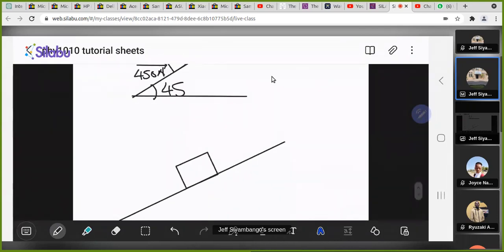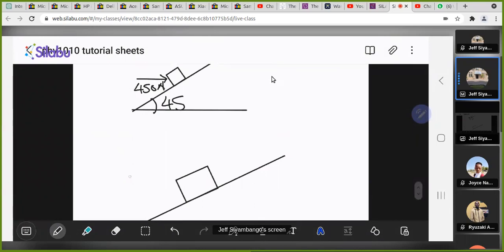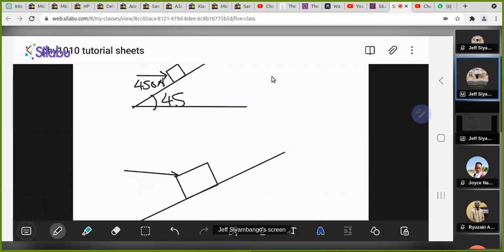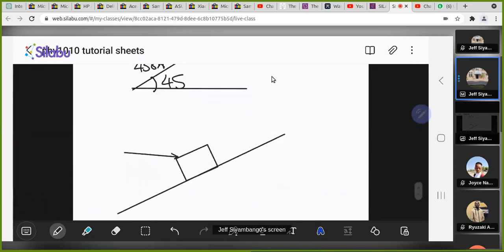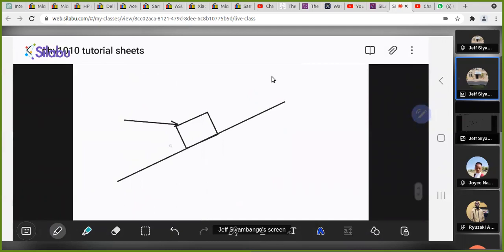So I will place that horizontal force. It doesn't matter really where you position it. I just want to show that this is a horizontal force. Then, being horizontal, you can use it to get an angle. If I draw a line like this one here, notice that this creates some form of a Z, as in this line here and this line here will be parallel to each other.